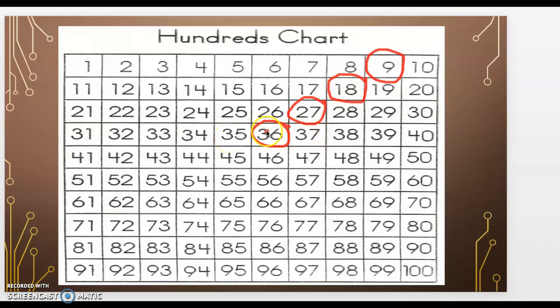36. Awesome job. 1, 2, 3, 4, 5, 6, 7, 8, 9. And what number? 45. You're amazing. 1, 2, 3, 4, 5, 6, 7, 8, 9. 54.